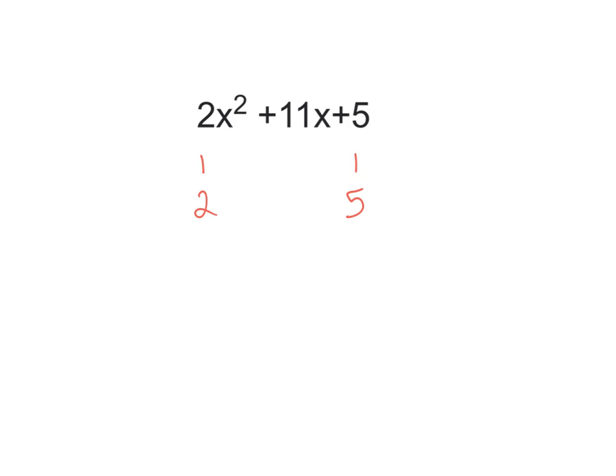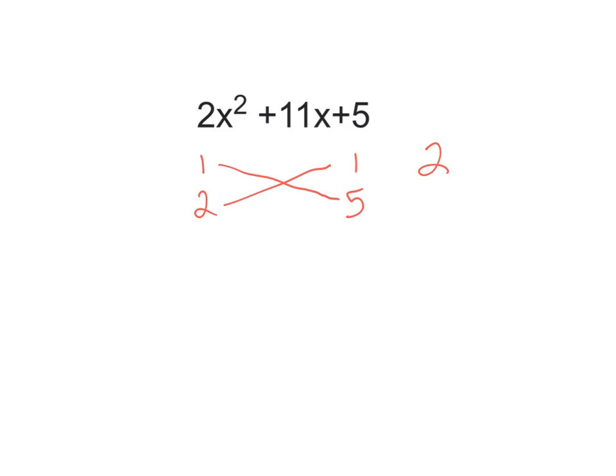Okay. Today during this lesson, it's highly recommended that you have a pencil and you're going to need an eraser. So, cross multiply. Please draw lines connecting diagonally. And we're going to multiply. 2 times 1 is 2.